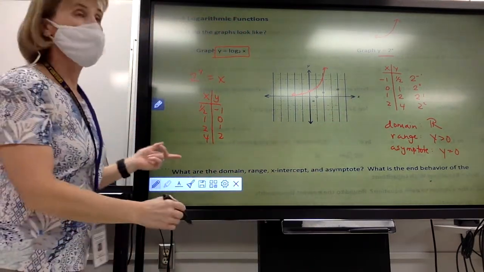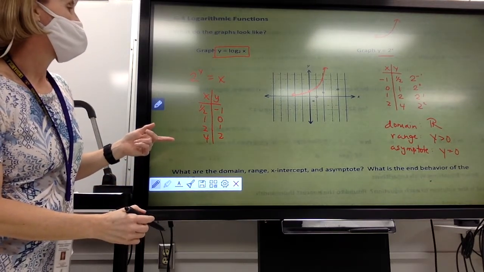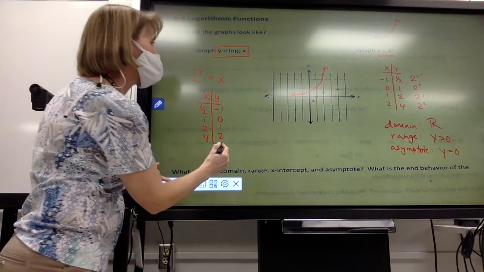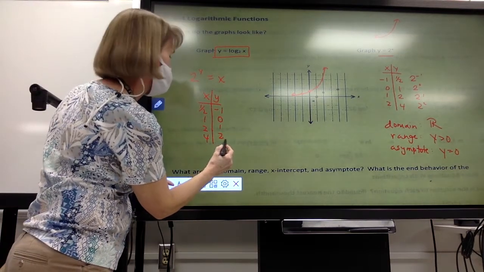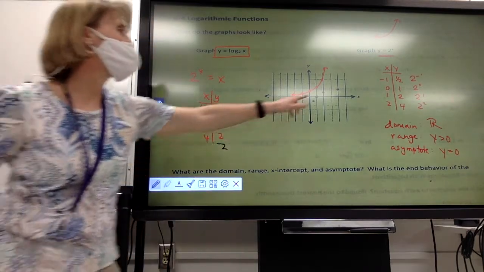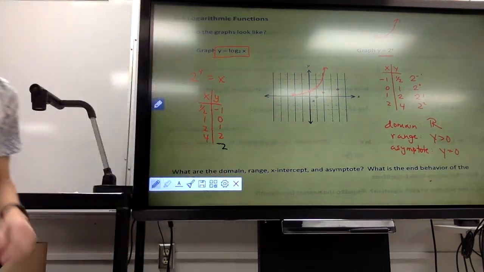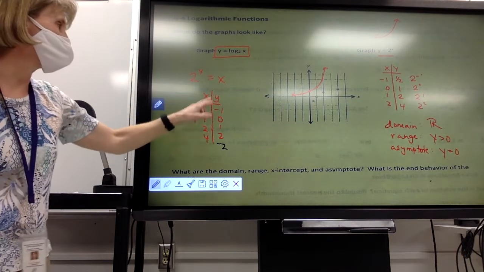Now I want to put an extra value in here. What if I did a negative 2? Because you can't quite see what's happening over on this side of the graph. So I'm going to put in one more value here.